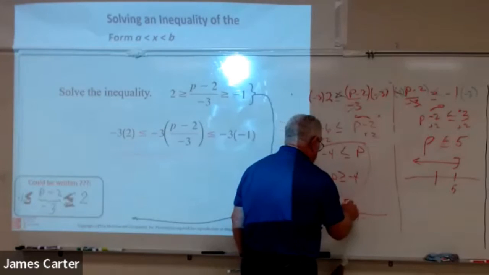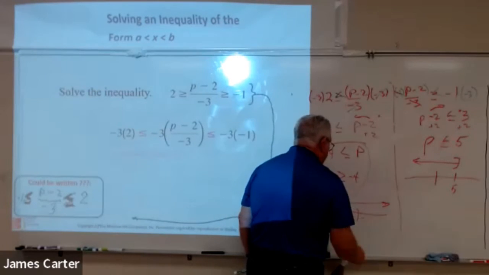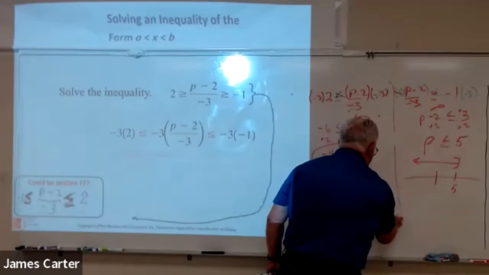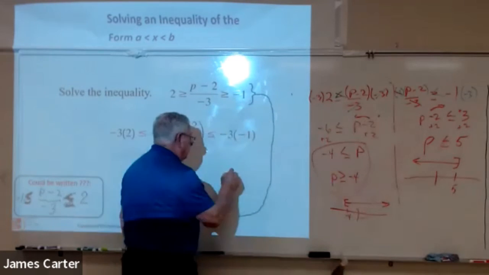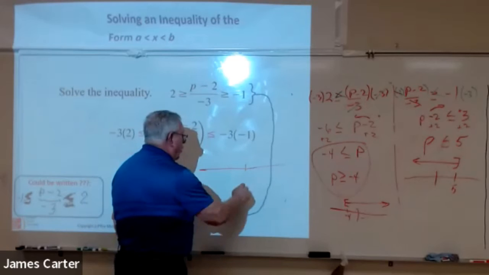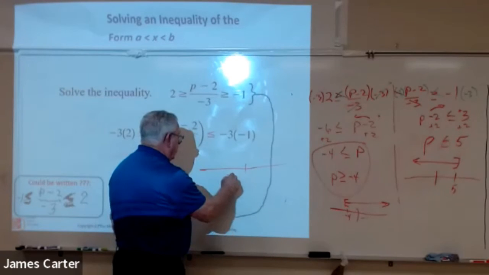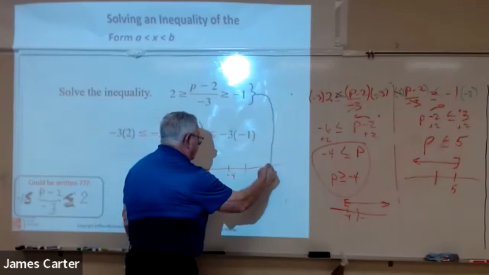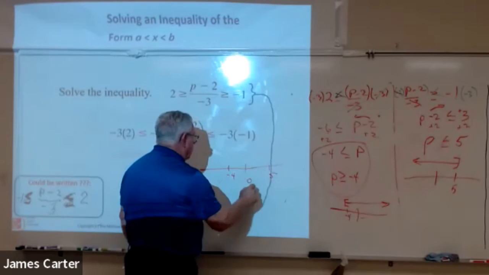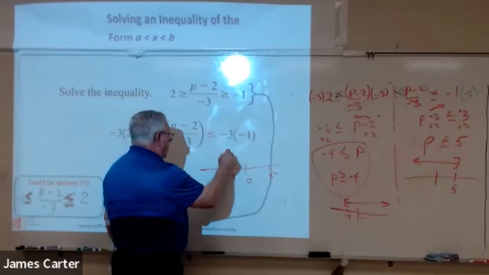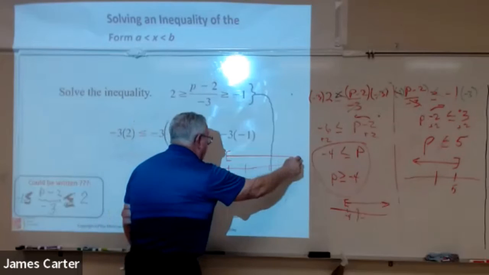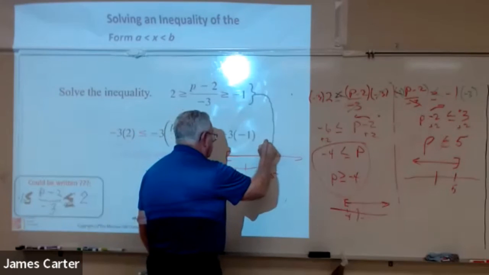Like this, inclusive, and that way. Now, for the whole thing, -4, 5, 0. I've got this. I've got this.